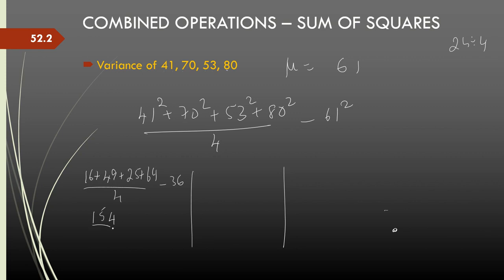This is 154 by 4 minus 36. I can write 154 by 4 as 38 remainder 2, minus 36. Now, this remainder 2 carries forward to the next step as 20, and 38 minus 36 is 2. So, the leftmost part of the variance is 2.